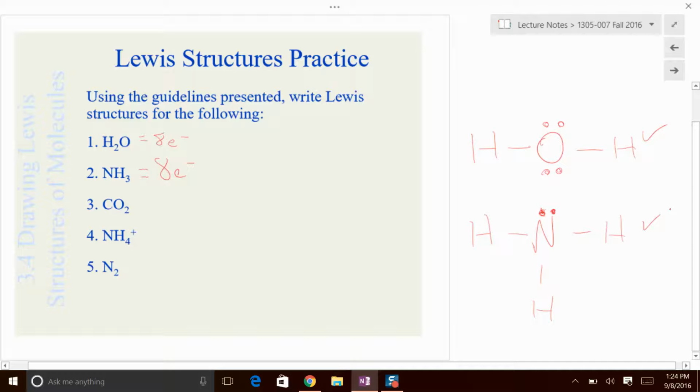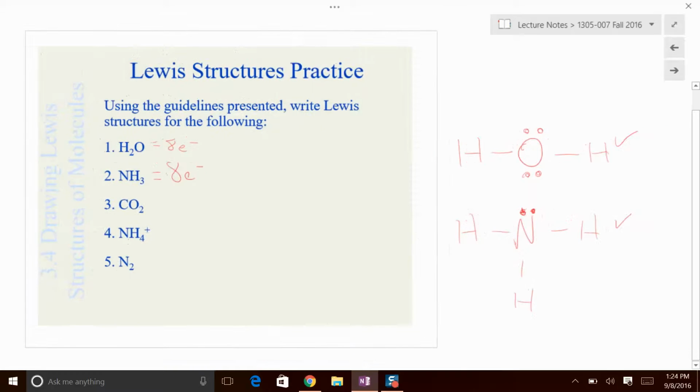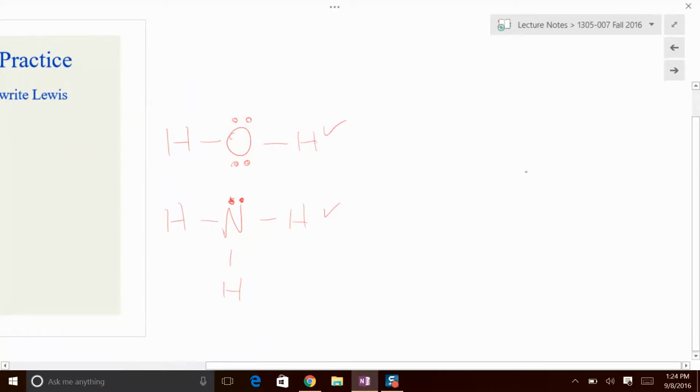Okay? We already did carbon dioxide earlier. I guess we could do it again. Carbon surrounded by oxygen, surrounded by oxygen. I start everything out with 8 electrons. There's 20 electrons in my structure as it is right now. I need 16.